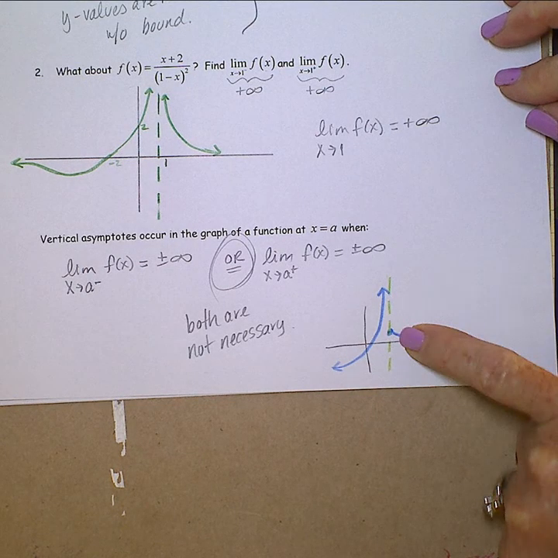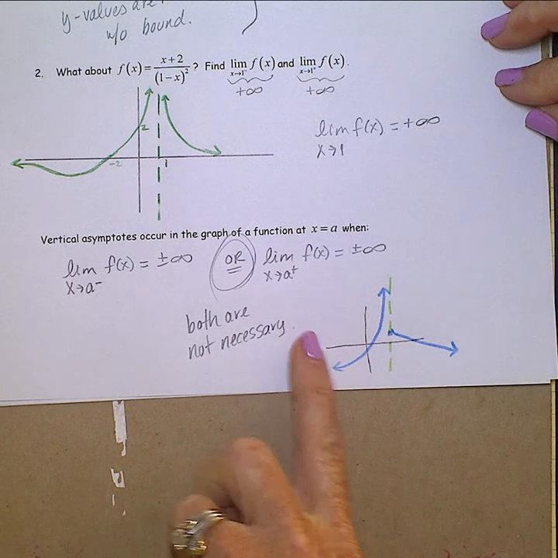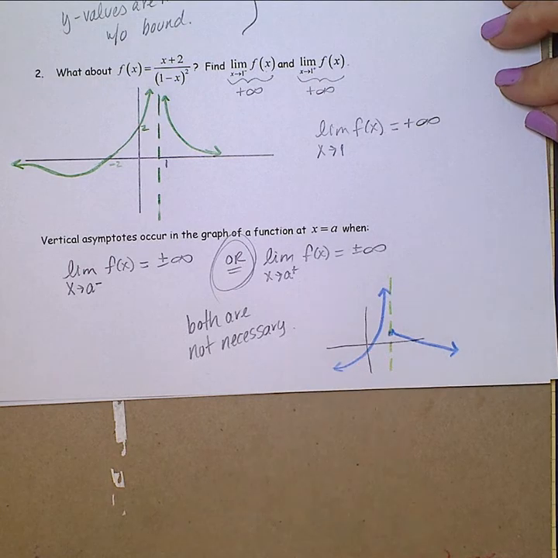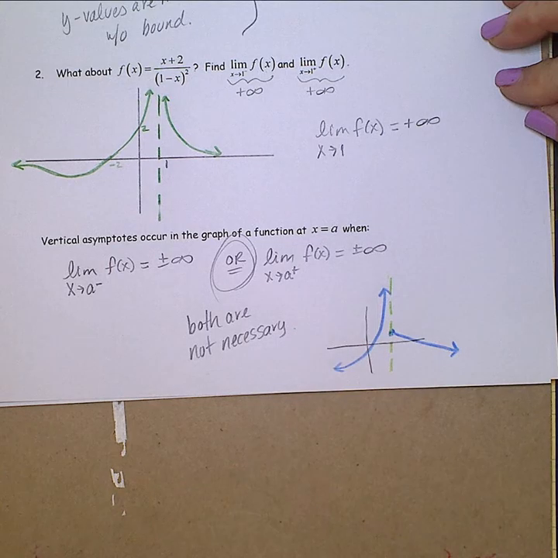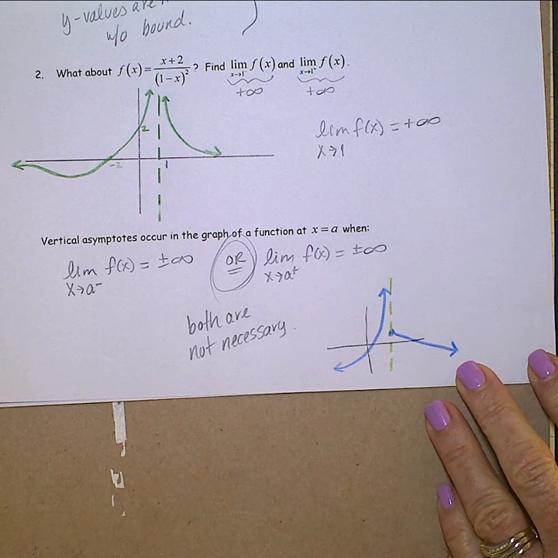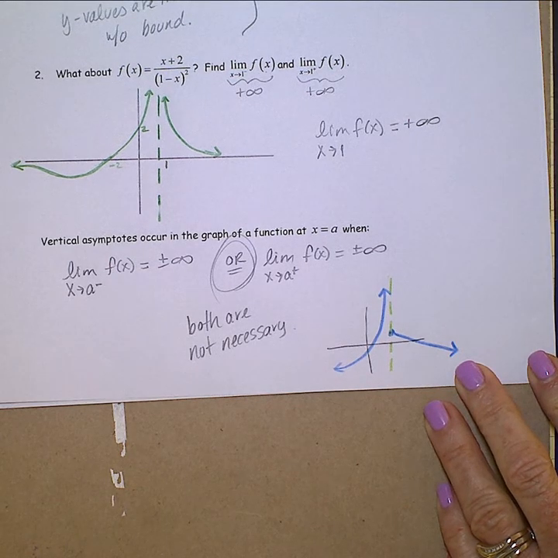There's also a point there. It's only a vertical asymptote, though, coming from the left side of whatever that value is. There's still a vertical asymptote there. It's just only valid from the right. Okay? So far? We good? All right?